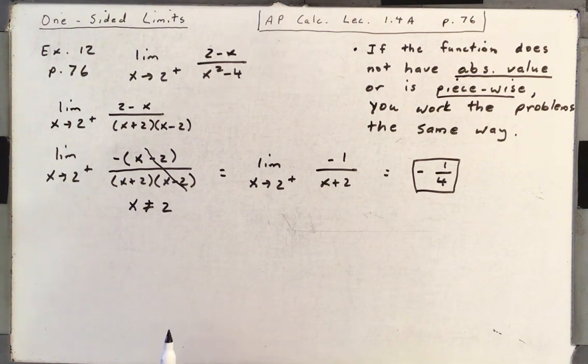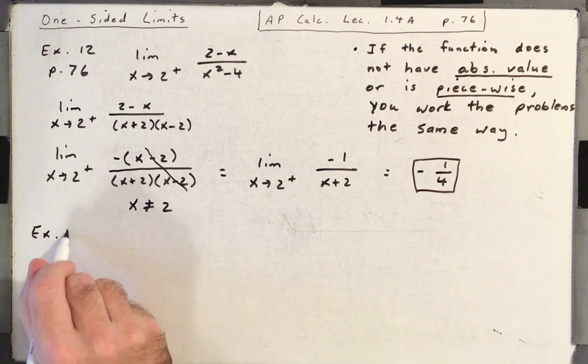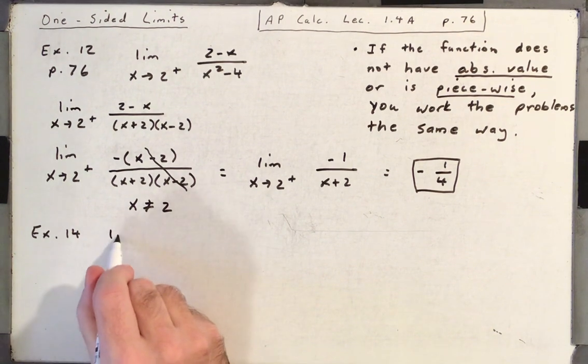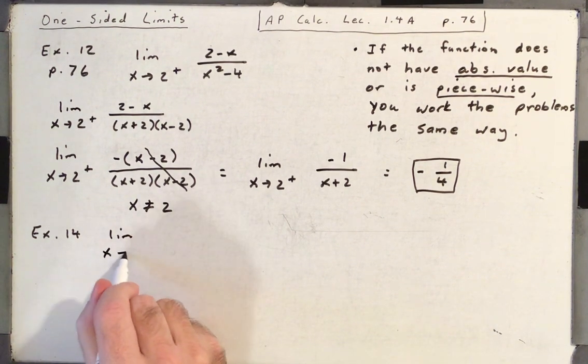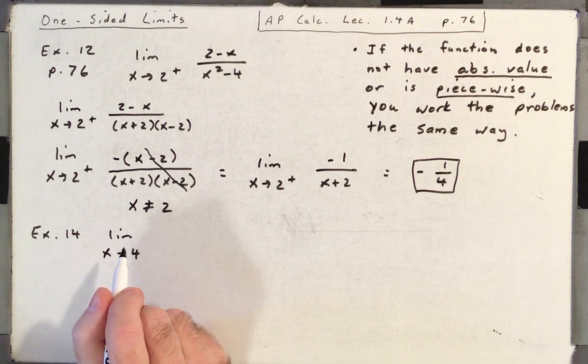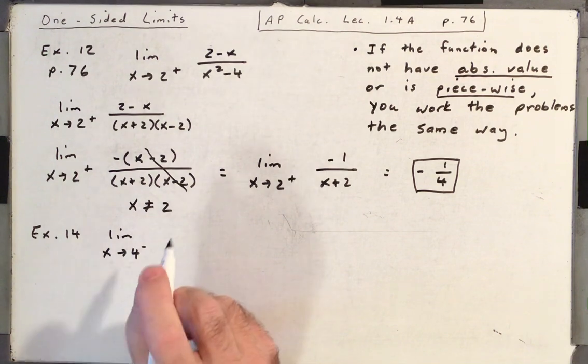All right, let's go ahead and do one more that's just like what we've been doing. Let's try example 14. So that is the limit as x approaches 4. And I'm going to tell you, in my book, I really can't tell if there's a positive or a negative sign there. It looks like maybe there's a negative sign. It's really light in my book.